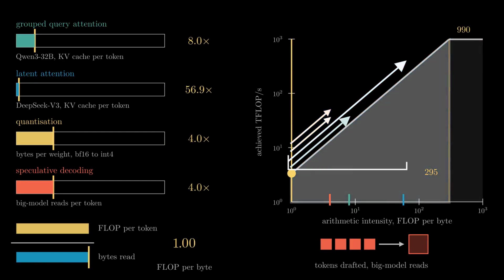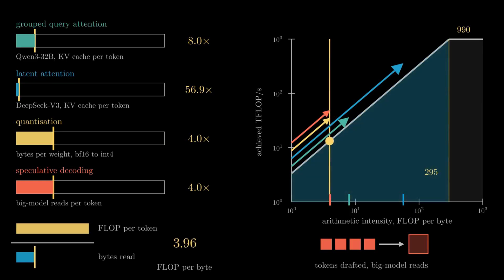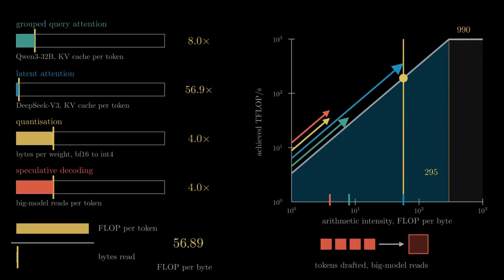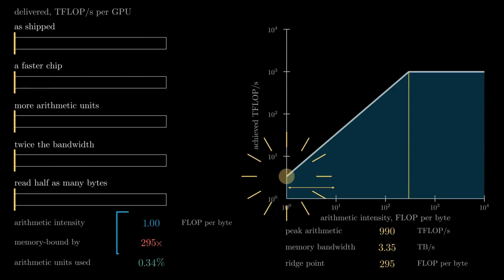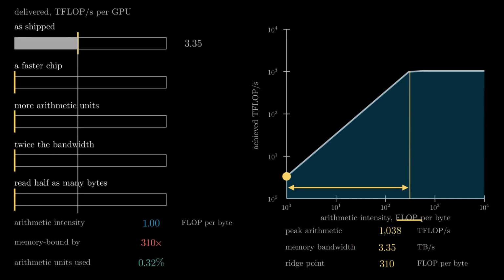4 techniques that look completely unrelated when they are listed on a slide, and every single one of them is the same move. Shrink the denominator and slide to the right along that roofline, which is why this problem has been called the memory wall for a long time, and why it has nothing much to do with language models.